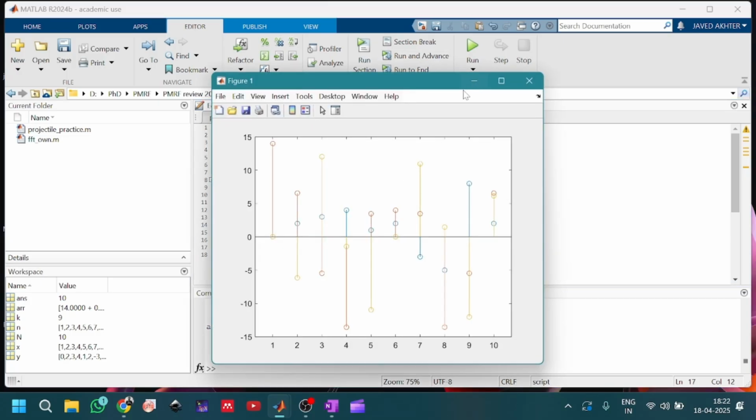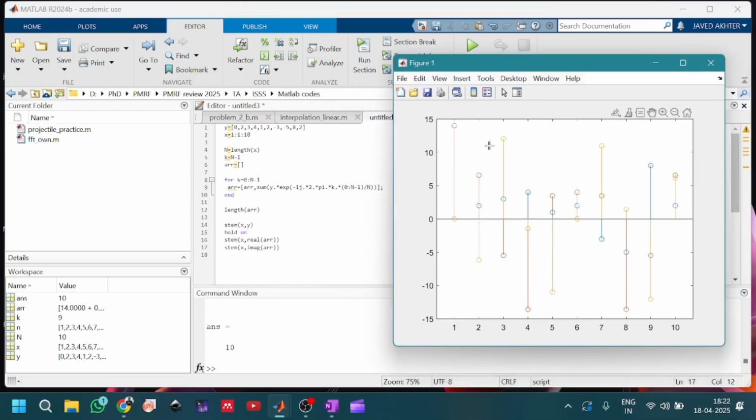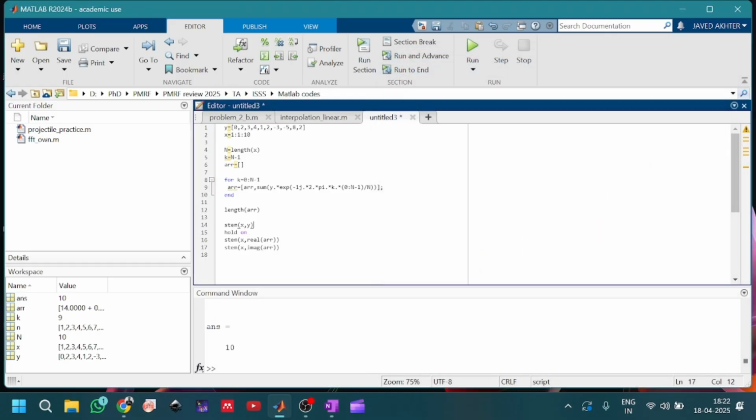Okay, so what we are doing here, so let me do the pausing also, so that you can see which word is what. Pause, pause, maybe 1 second.